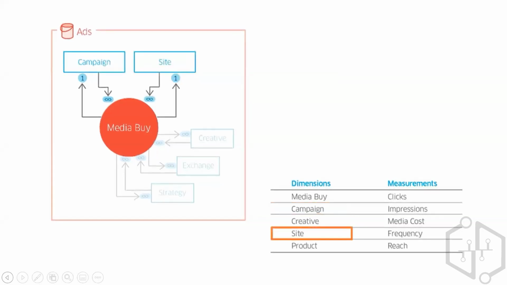Coming to site, okay? One site can have multiple media buys, as we saw in the example. What was the site that we saw? New York Times, I guess. So New York Times being the site can have multiple media buys on its page.